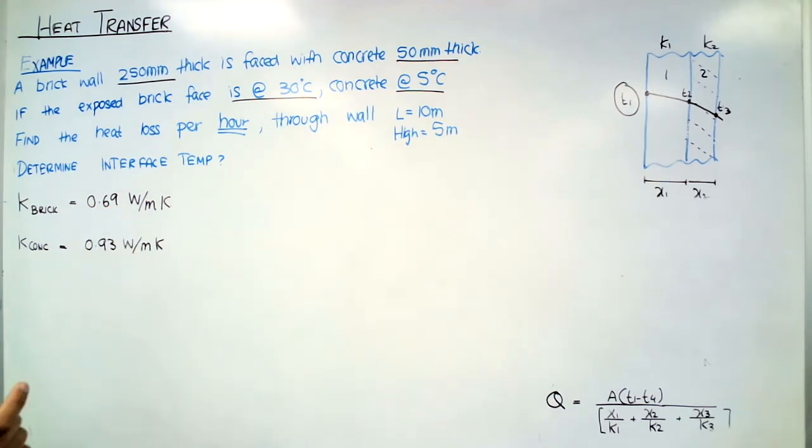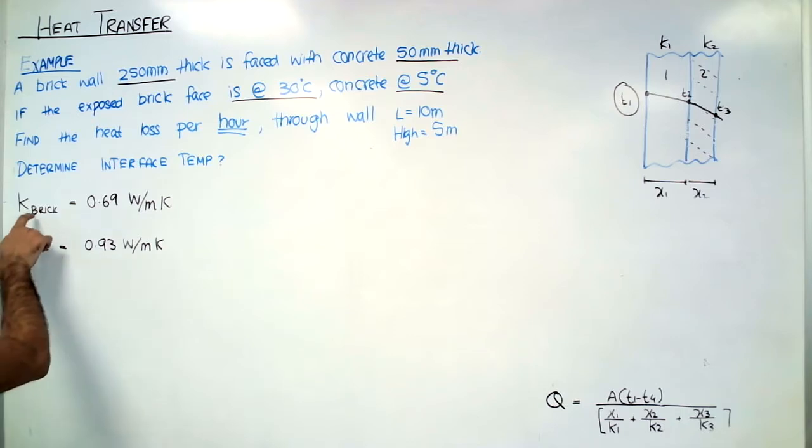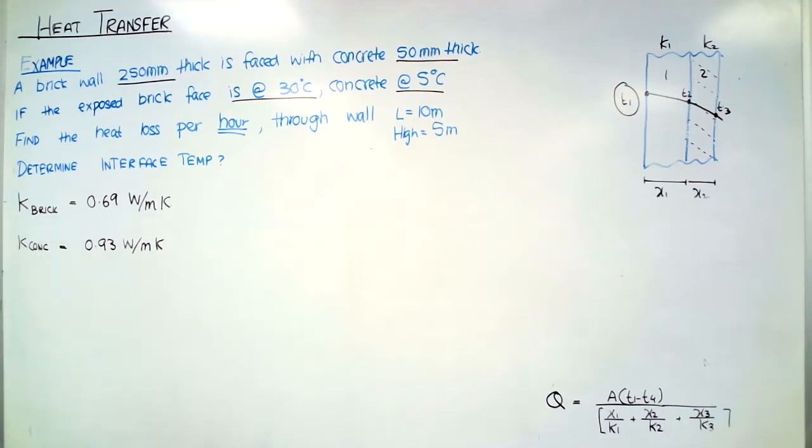They both have different thicknesses and different coefficients. K for the brick is 0.69, with a thickness of 250 millimeter, and the concrete is 50 millimeter thick, with a coefficient of 0.9. We need to find out the heat loss per hour.